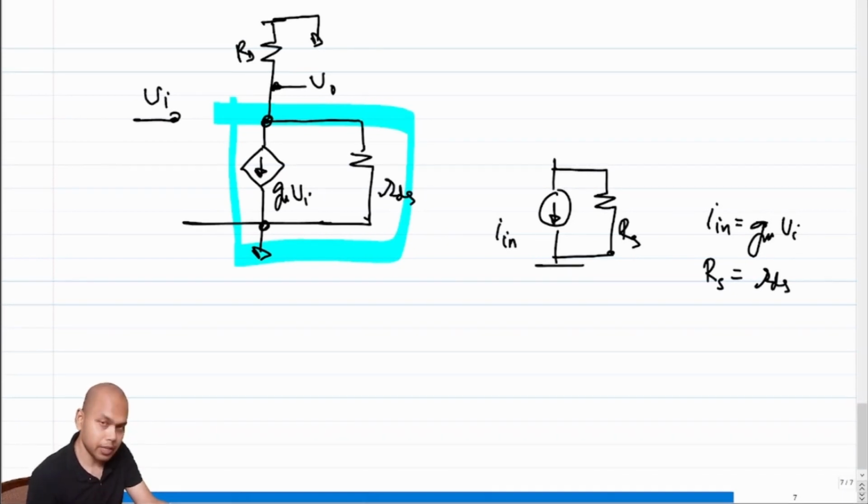What is the problem statement? The problem statement is I have this non-ideal current source and I want the entire current I in to flow into RL.